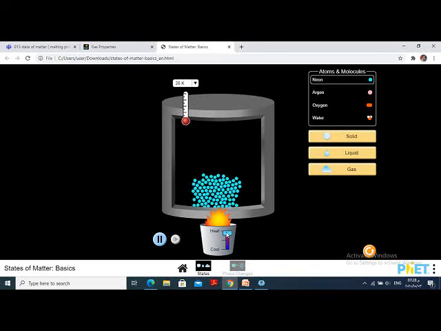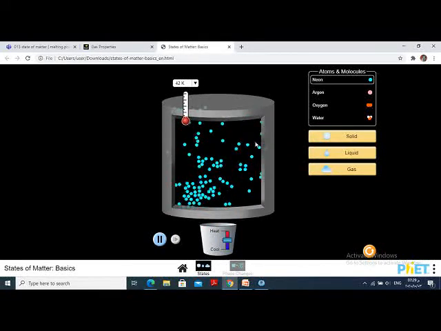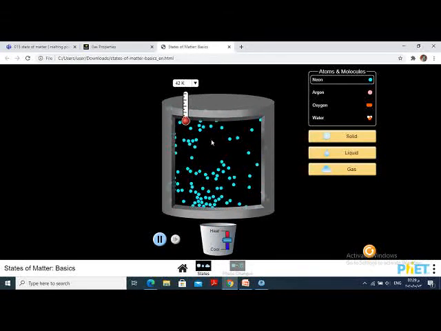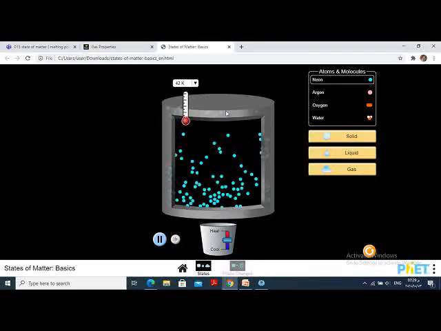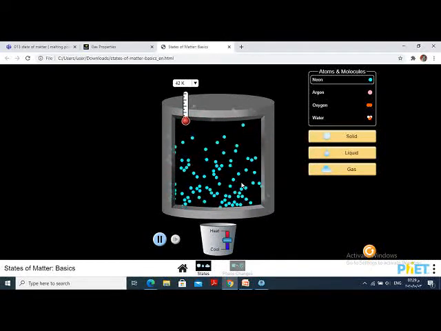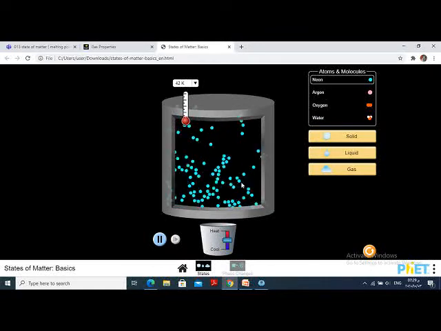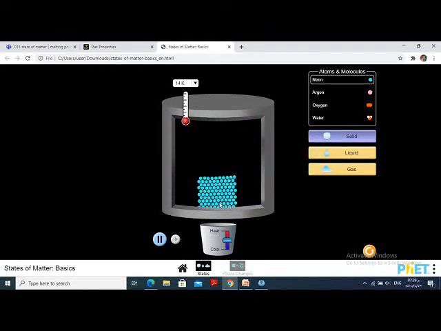Look how it vibrates, which means it is trying to break this force, and you can see how the particles are now free to move inside the container. That means the particles broke down the attractive forces between each other, because we added high energy.